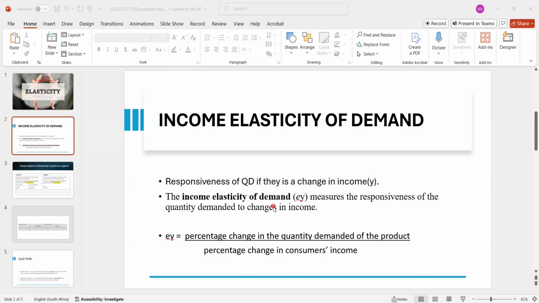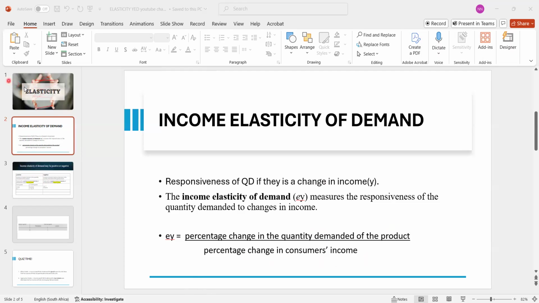The income elasticity of demand, EY, measures the responsiveness of the quantity demanded to changes in income. So the formula is the percentage change in quantity demanded of the product divided by the percentage change in consumer income.